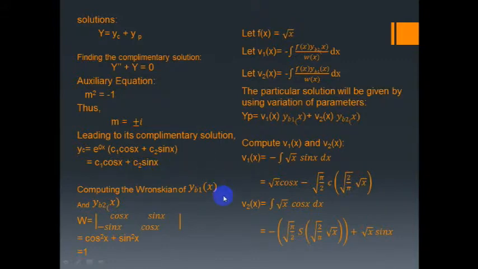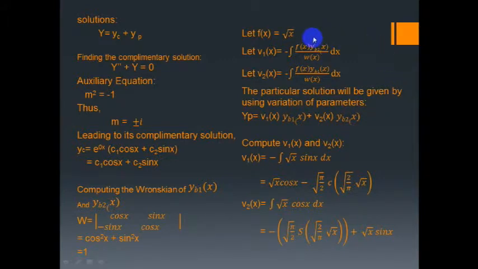We now compute the Wronskian of y1(x) and y2(x), which is equal to cos^2 x + sin^2 x, which is equal to 1. Let f(x) = square root of x.